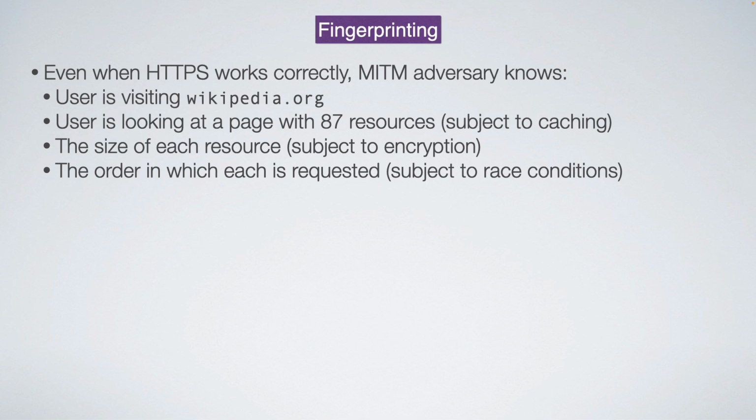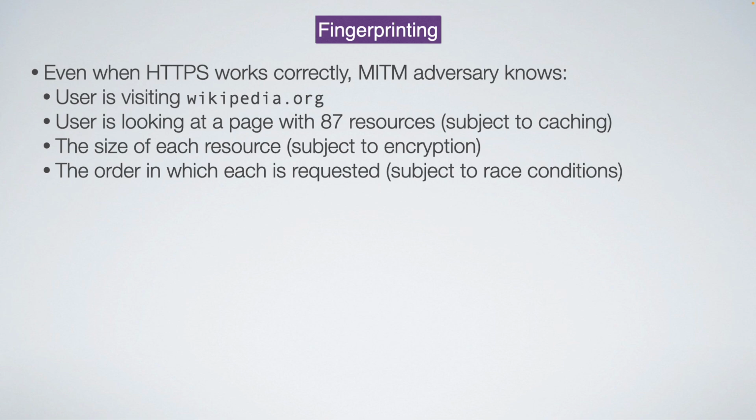They don't know what article they're looking at, but they know that they're on wikipedia.org. If I'm on that CF Montreal site, they know that I have 87 here. I know it's a slightly different number, but pretend there's 87 images on that website or other resources. The adversary can see that I create 87 outbound requests and I ask for something and something comes back to me.